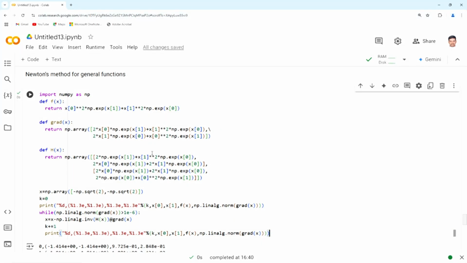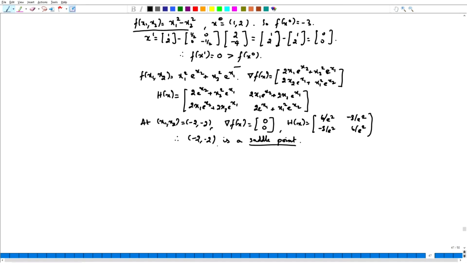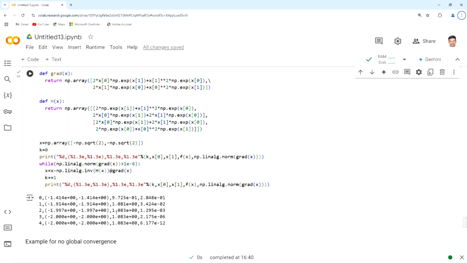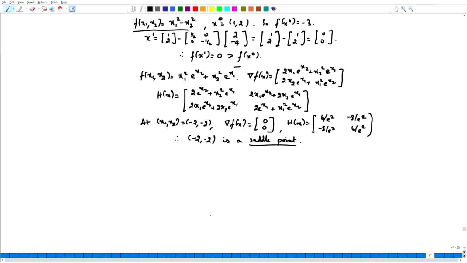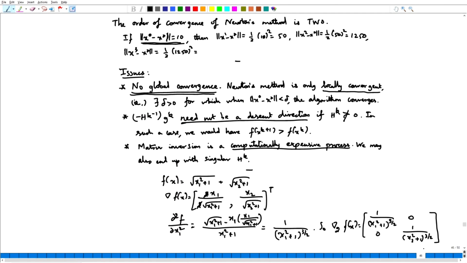It turns out that the algorithm has actually converged to a saddle point instead of the local minimum, and you also saw that the value of f of x was increasing from 0.975 to 1.081, then 1.083 and so on, all because if you blindly use minus Hk inverse gk, you might end up having problems.